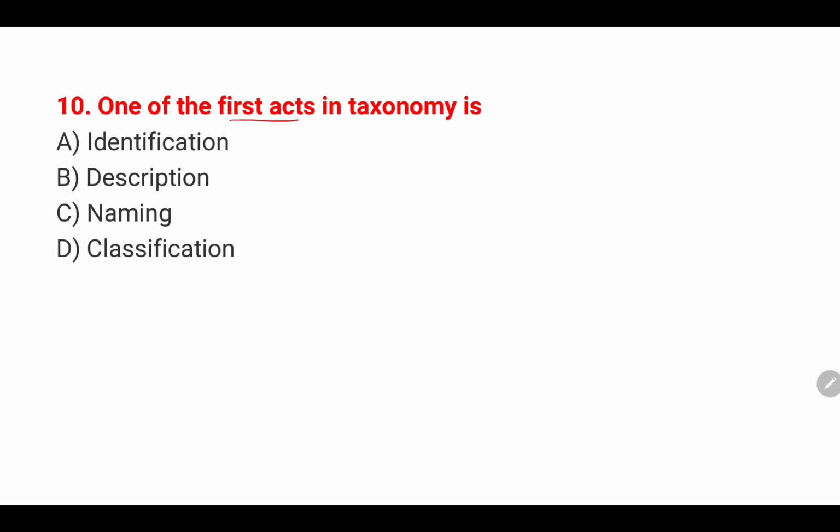Yes, one of the first acts in taxonomy. See, taxonomic identification means what? It is the recognition. Whatever the essential character is, whatever the identity is for the organism, we are recognizing it. It may be in descriptions, or to which family it belongs, to which species it belongs.